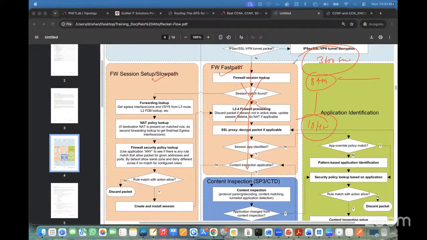If there is no communication for the next 1 hour or 3600 seconds, your session is going to be removed from the fast path. And when you again start communication after that, you are again going to create a new session with the help of the slow path.